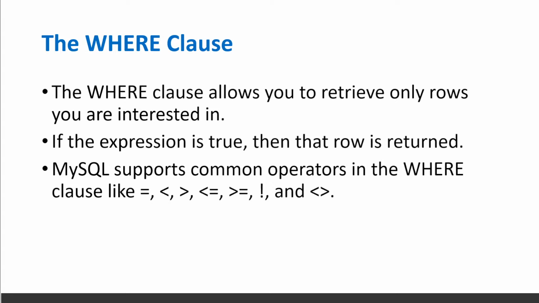We're still not getting very specific in the type of data that we're returning. We're still returning the entire row, but we're only returning the entire row that meets a specific criteria.